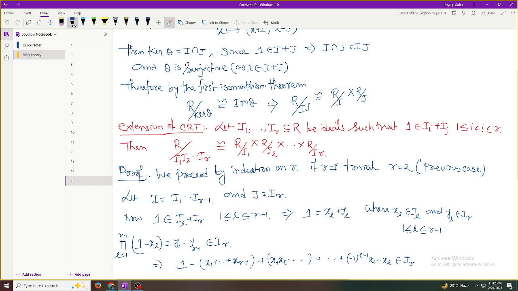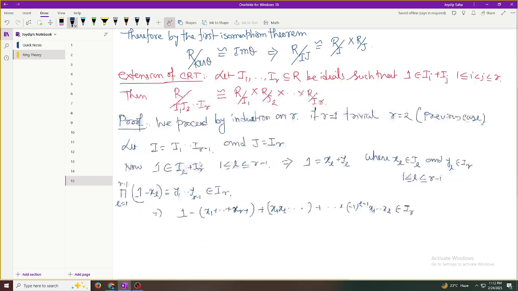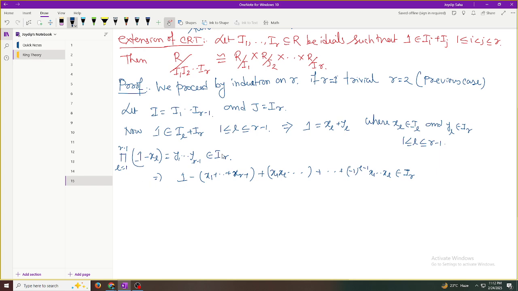Now what is this? This implies 1 minus the sum of x1 x2 terms with minus 1 to the power L, that belongs to IR. Now this belongs to I, that is equal to J, right? Now the summation belongs to I, plus, okay, that belongs to where?